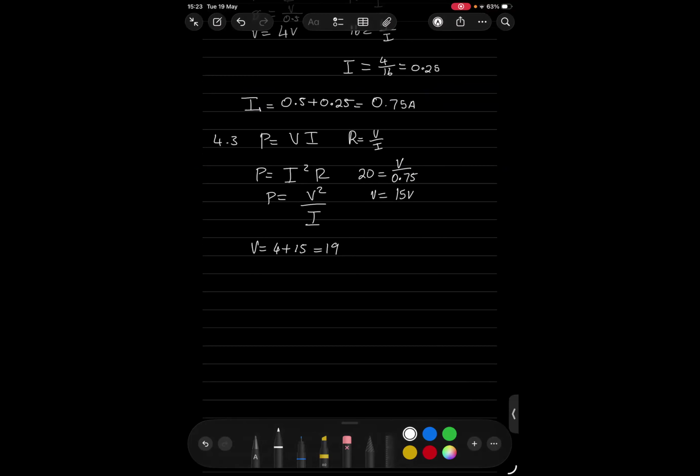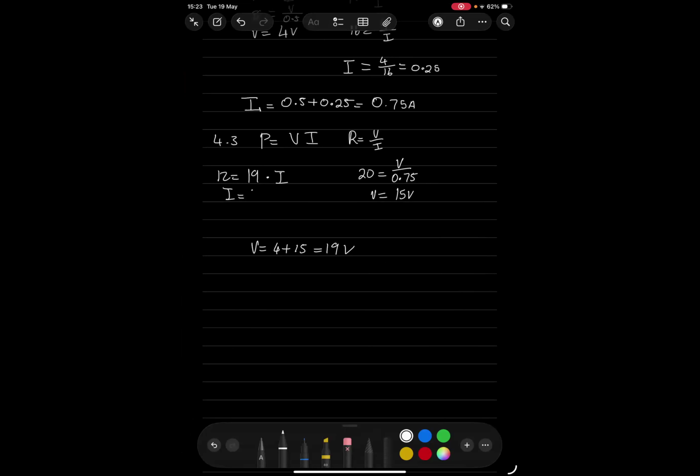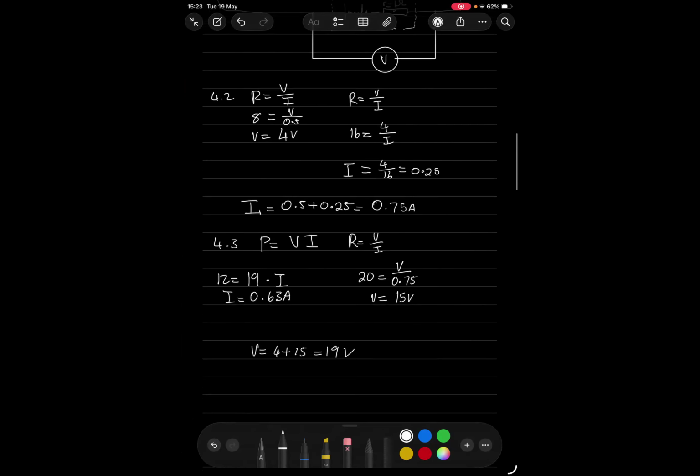P is going to be V times I. So 12 equals 19 multiplied by I. And what's going to be your I? It's going to be 0.63 amps.